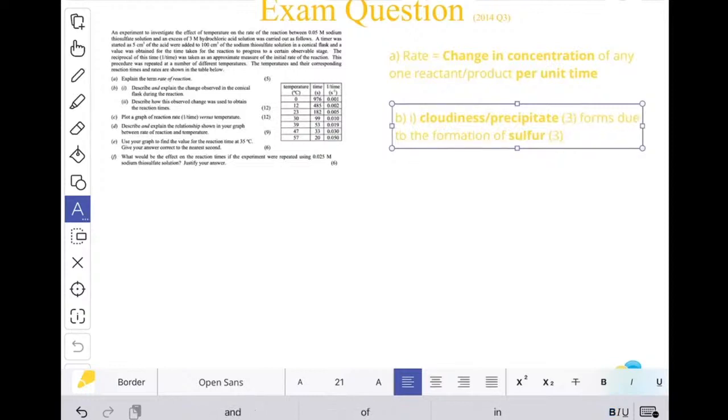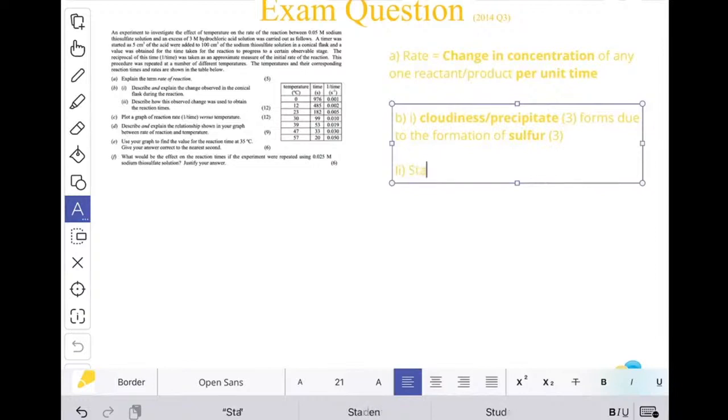Now for B part 2, it says describe how this observed change was used to obtain the reaction times. So this is basically asking you just to quickly describe what you've done. So any of the following is okay.